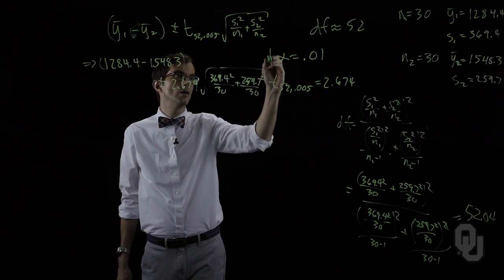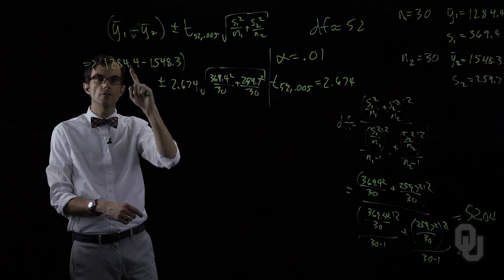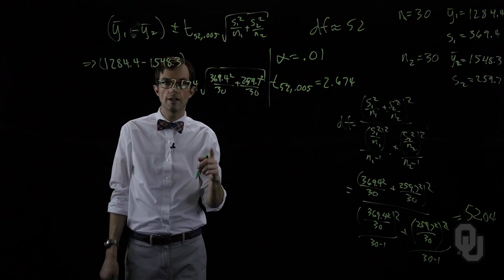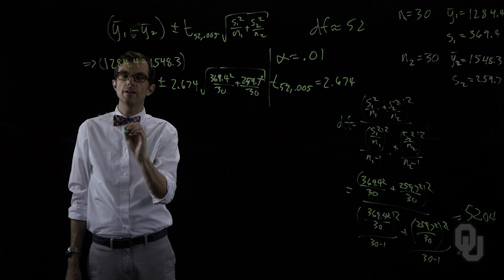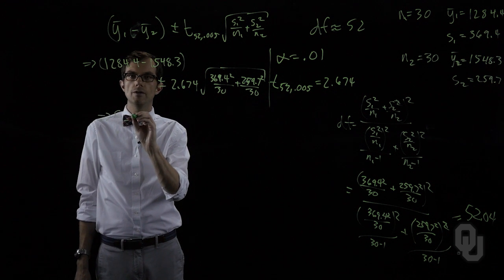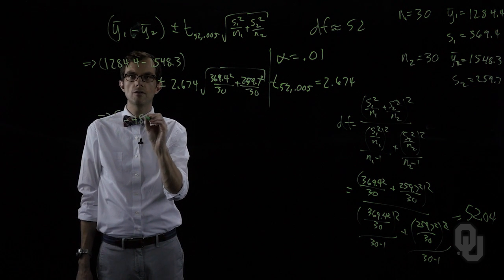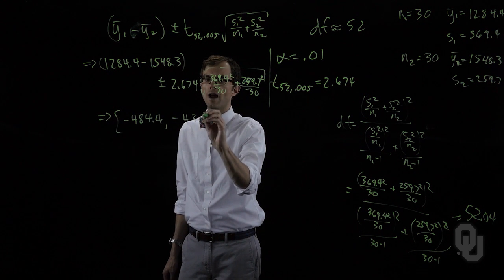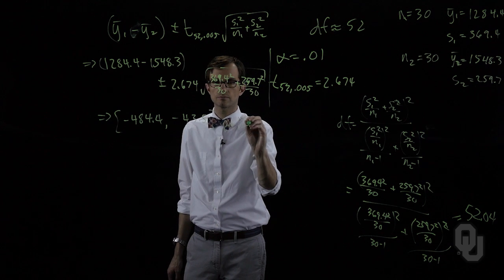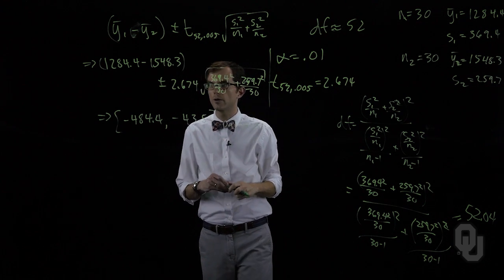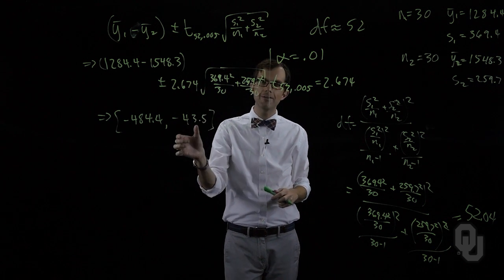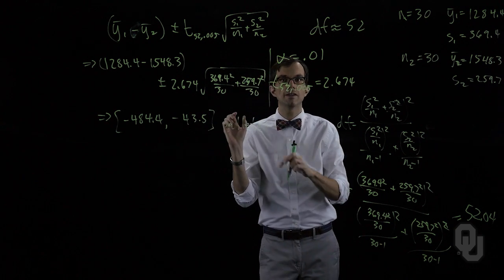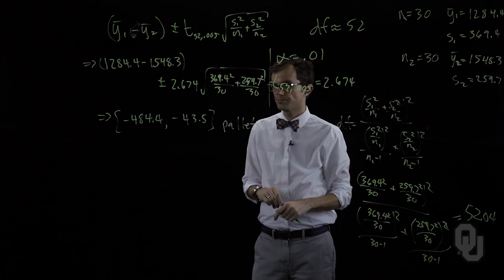So this is our confidence interval. Just got to work that out. And if we do, we get negative 484.4 pallets up to negative 43.5 pallets. This is our confidence interval for the difference in throughputs between layout A and layout B.